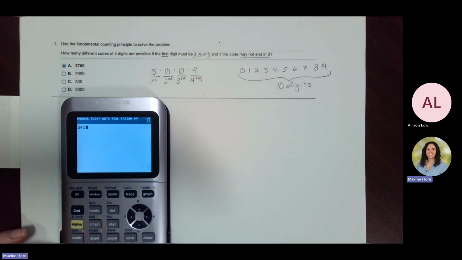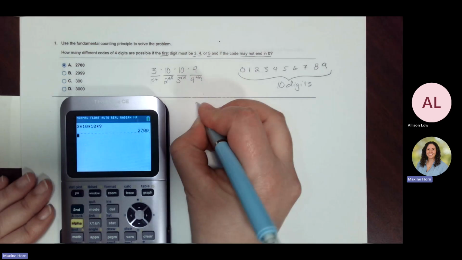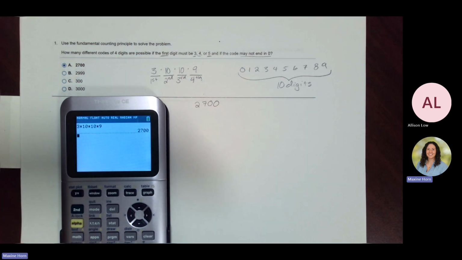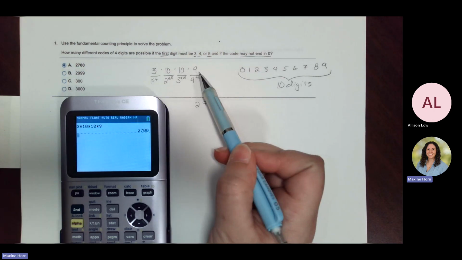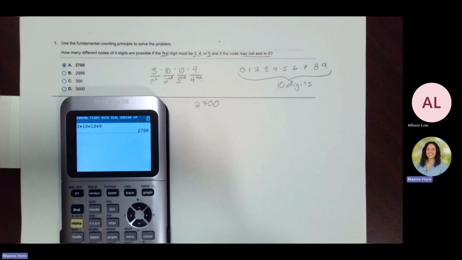Now you can do this in your head if you want to get that 2,700. Like if you wanted to say 3 times 9 is 27 and then add 2 zeros because we're multiplying by 10 2 times, you can do that. Or you can just be extra safe and plug it in the calculator to be super sure that you have the right answer.